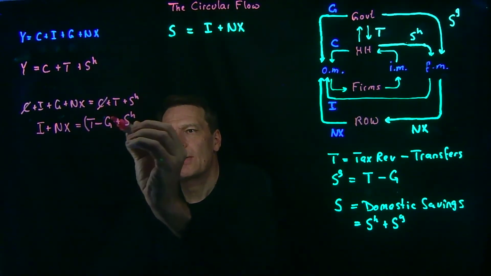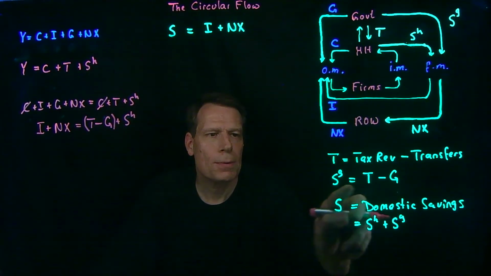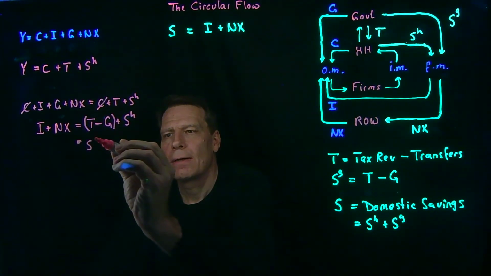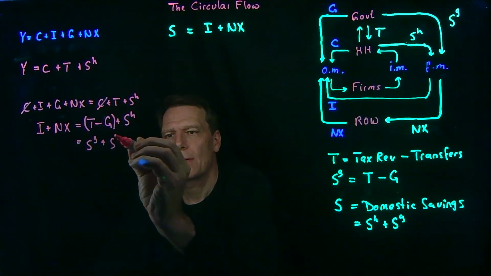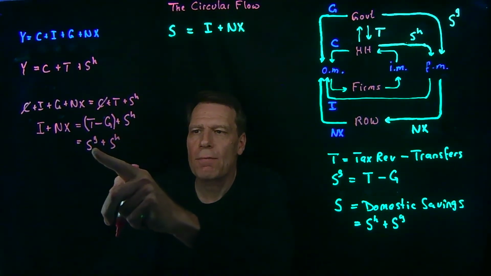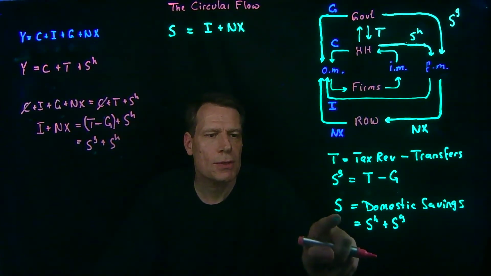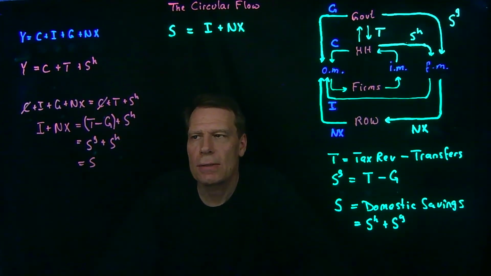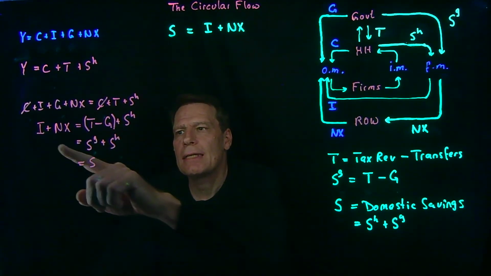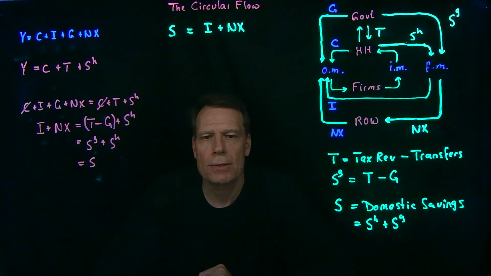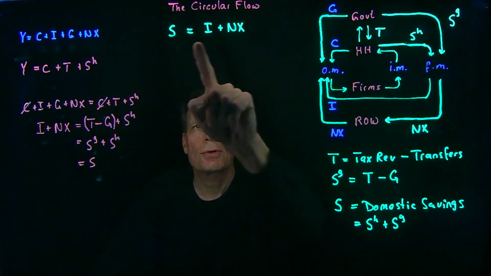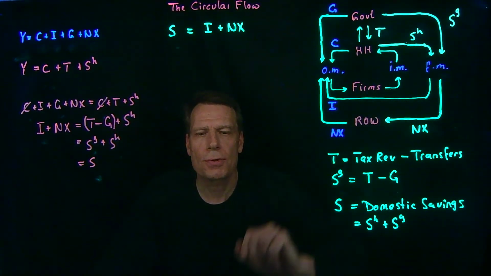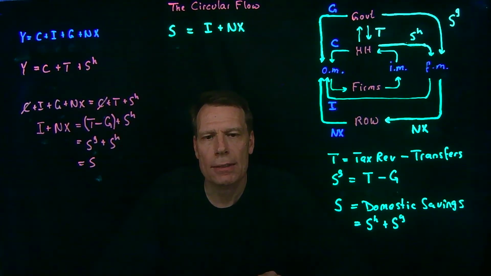But this T minus G is just equal to government savings. So we can write that as SG plus SH. And when we sum government savings with household savings, we just get savings. So now we have an equation that says savings is equal to investment plus net exports. Exactly what the circular flow diagram told us when we looked at inflows and outflows with respect to financial markets.